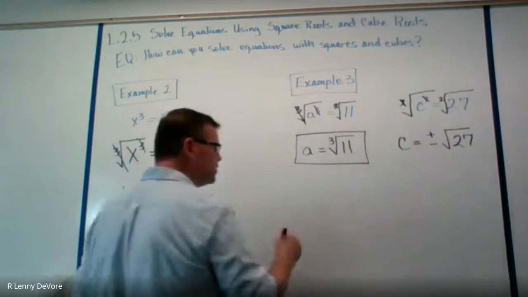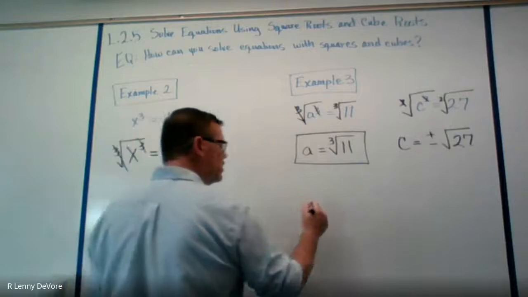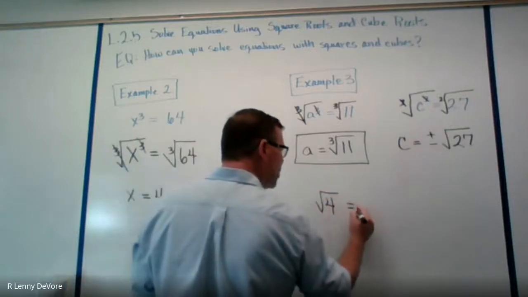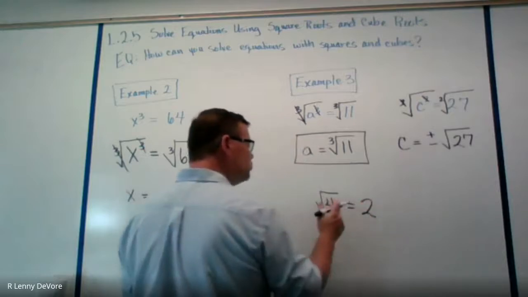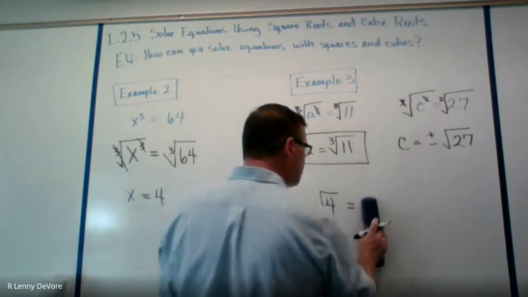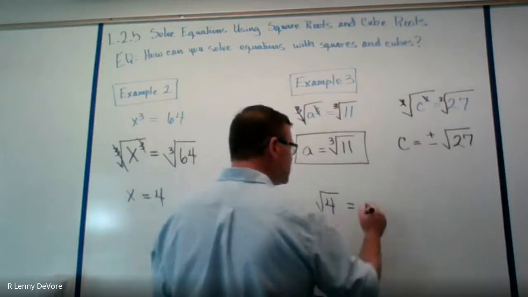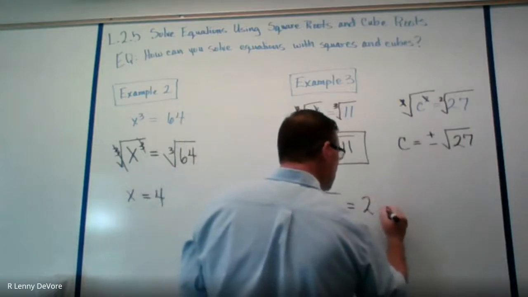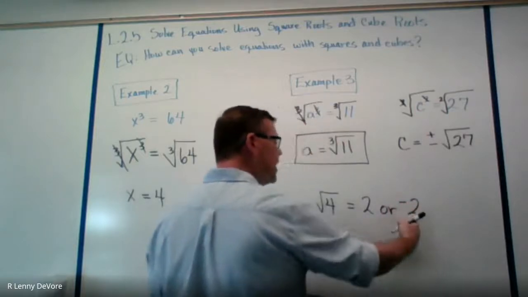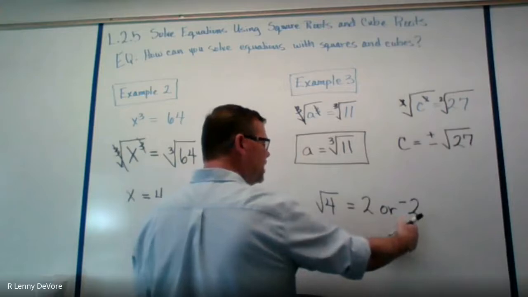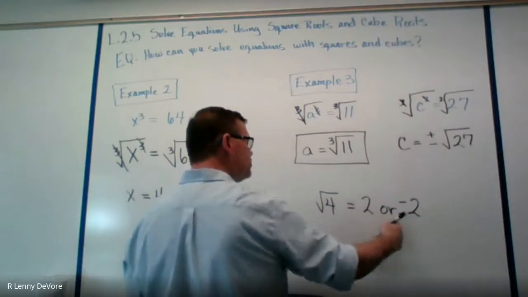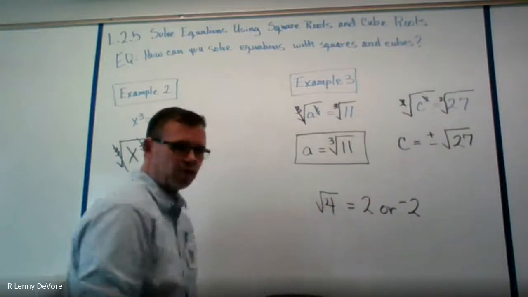If we were looking at the square root of 4, we know that that is 2. 2 multiplied by 2 is 4. However, what we actually need to realize is that it is 2 or negative 2, because a negative multiplied by a negative is a positive, and negative 2 multiplied by negative 2 is a positive 4.